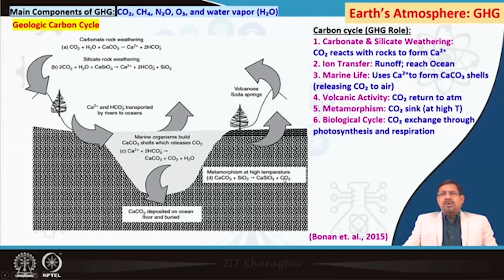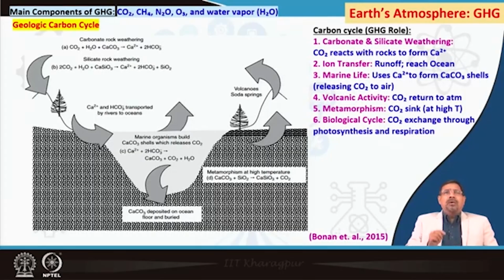So, this metamorphism leads to carbon dioxide release at high temperature, and in terms of the biological cycle, carbon dioxide exchange happens through photosynthesis and respiration, which we are not discussing here.